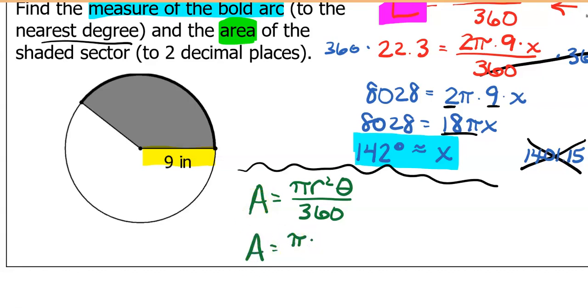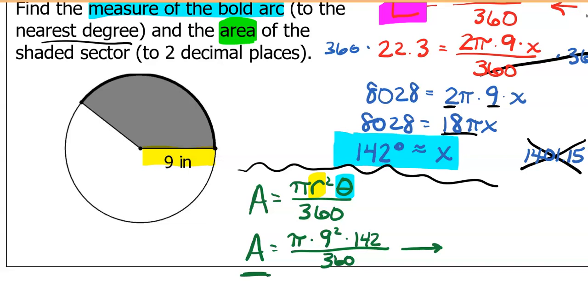Pi times the radius they did give me, that is 9. Theta they didn't give to me, but we figured it out. It's 142 degrees over 360. And since the thing I'm looking for is already by itself, this is just a calculator's job.